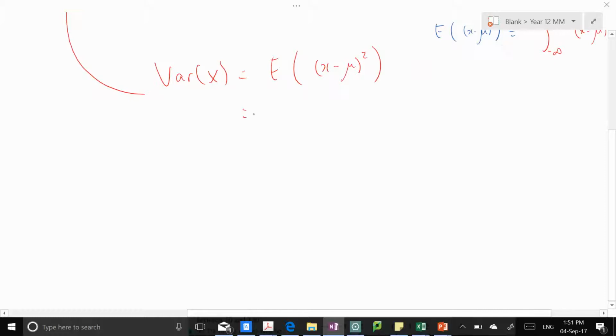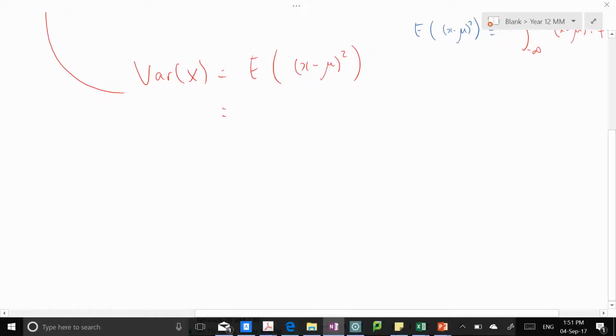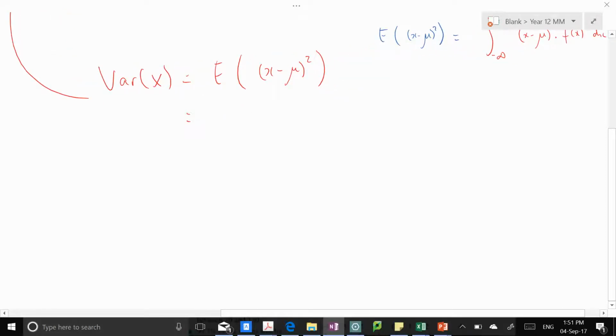So what was a computational formula for variance? Chapter 13 again. What's a computational formula? Can I please have, who would I pick? Let's pick someone in the front row. Layla.